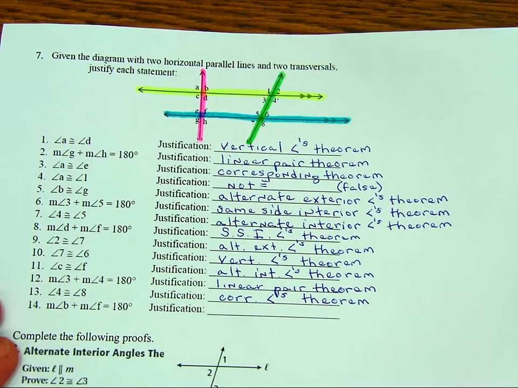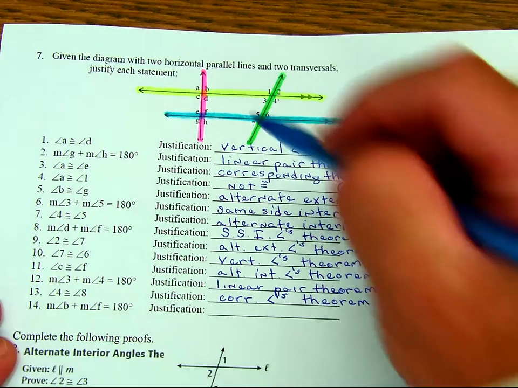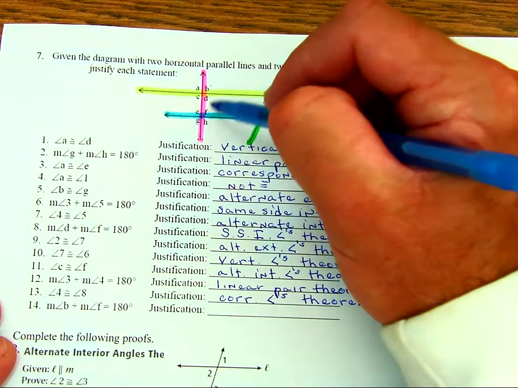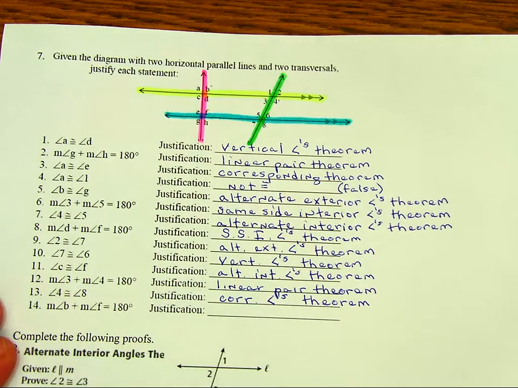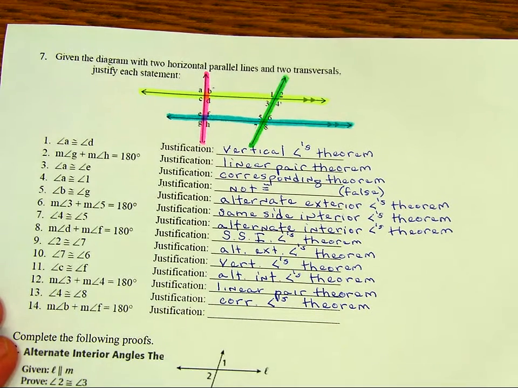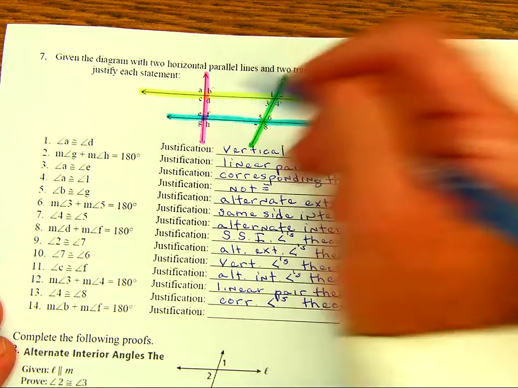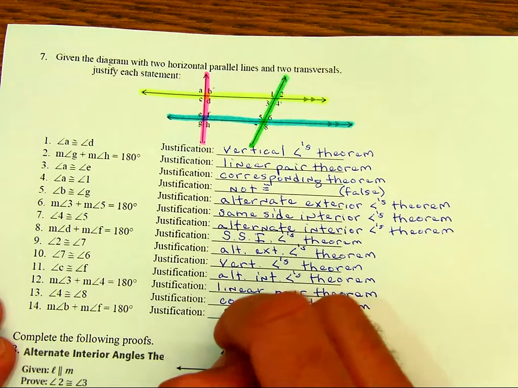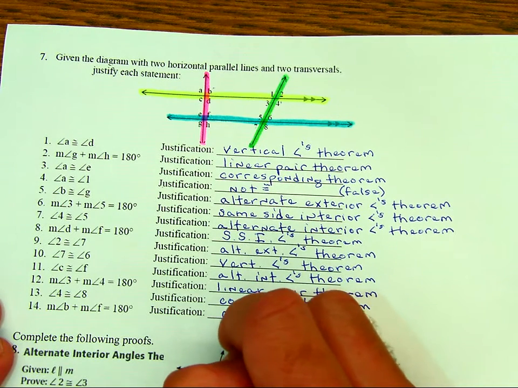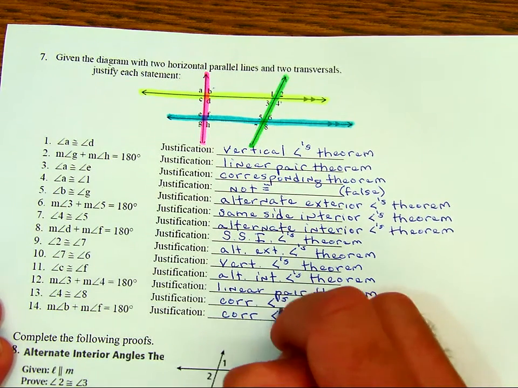Okay, and finally, the measure of angle B plus the measure of angle F equals 180 degrees. So I'm not sure if that's true or not. I do know that B and F are corresponding angles.